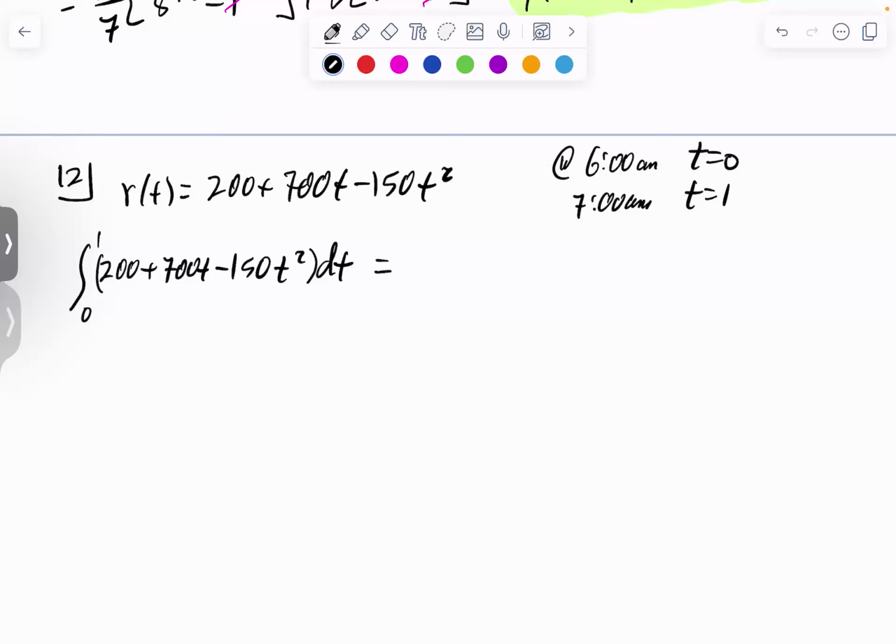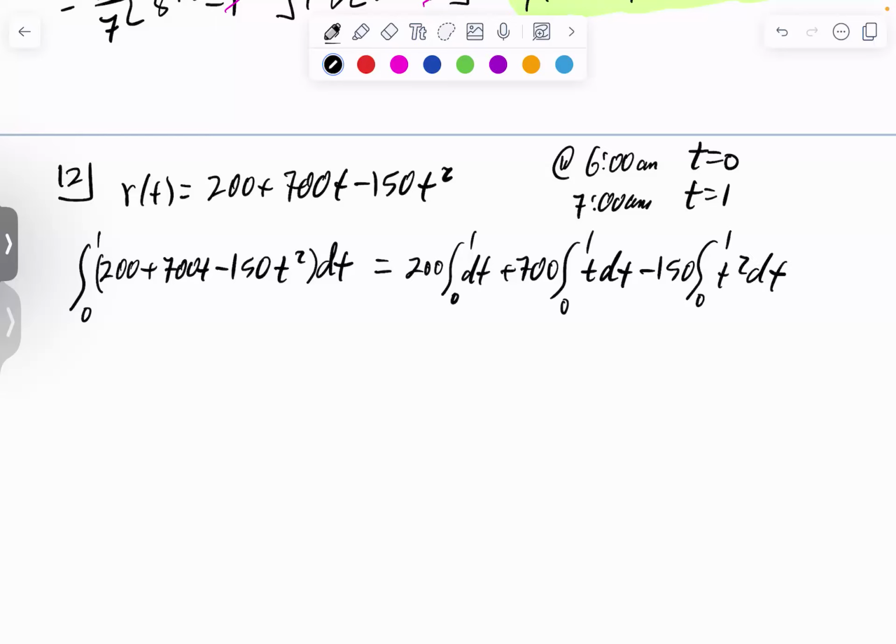All right, I'm going to break this down. And so the integral of dt is just t, so 200 t, and t is going to go from 0 to 1.